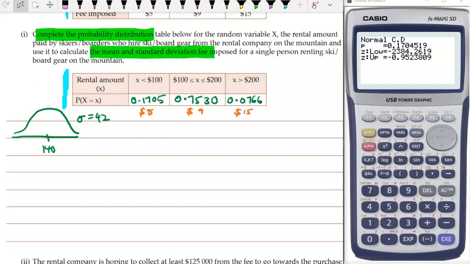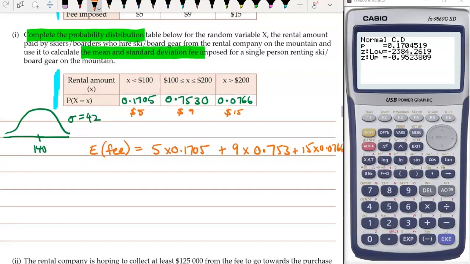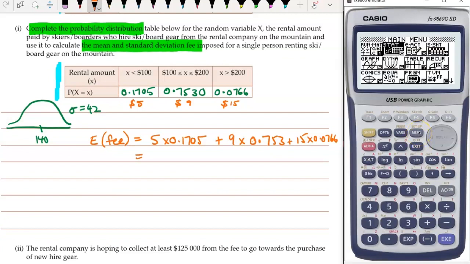So the expected value of the fee, so how much they would expect to pay, we do the amount times the probability of it happening, and we add them all together. So $9 times the 0.753 and also $15 times the 0.0766. So we've done each amount that could be charged times the probability that it does get charged.